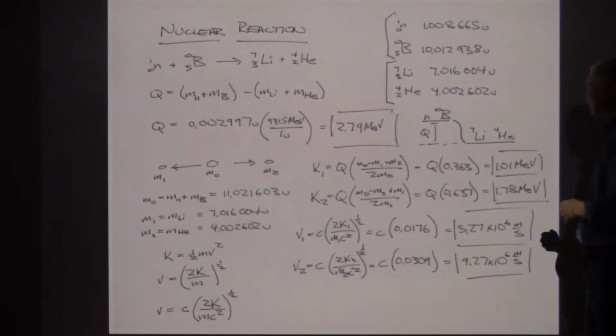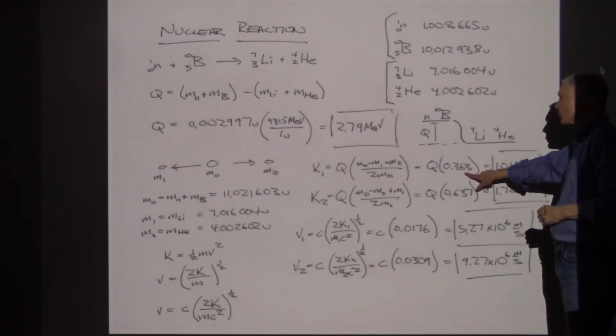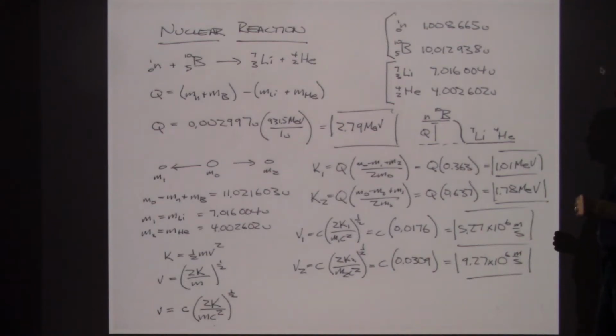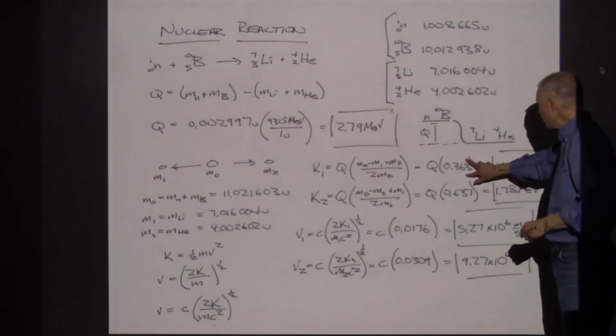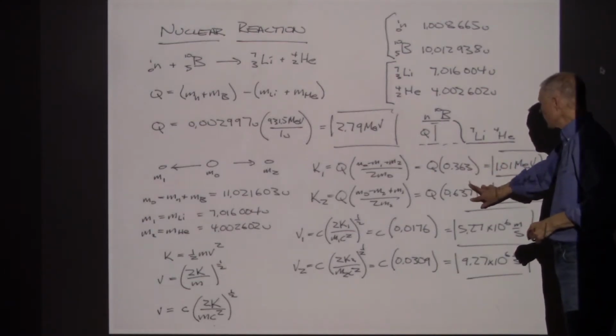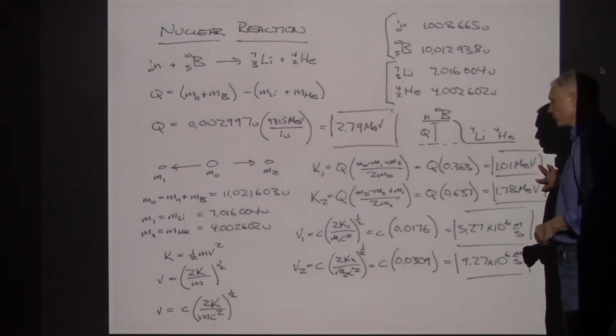There's a lot of significant figures; I've got to keep track of them all. It says that 36% of the available kinetic energy will go to the lithium. The heavier lithium gets 36%. The lighter helium gets 64%. That's the energy they're going to get.